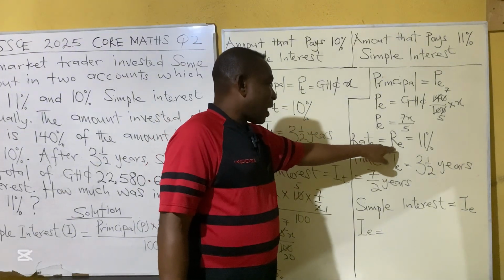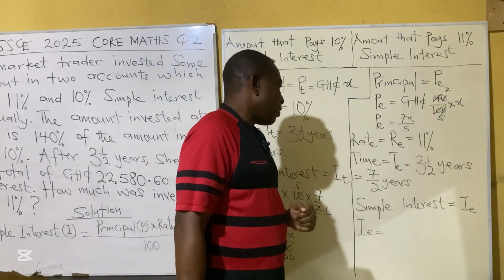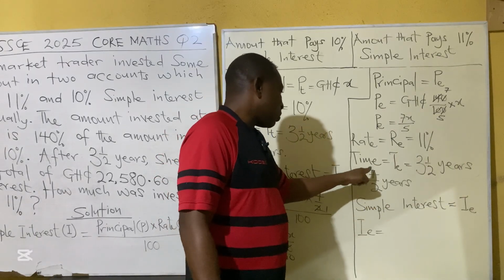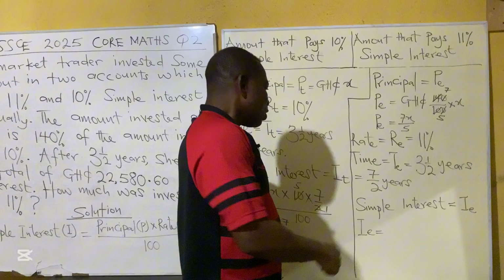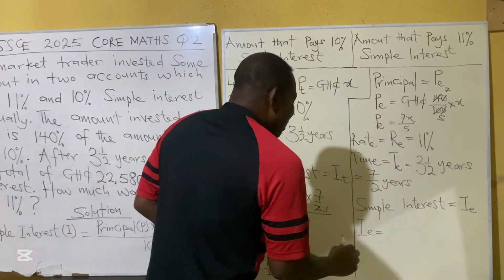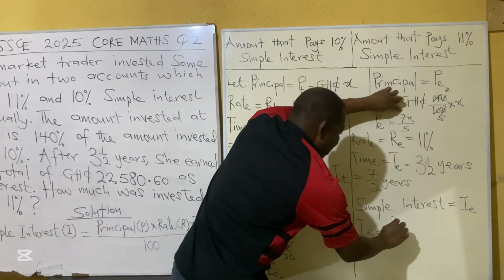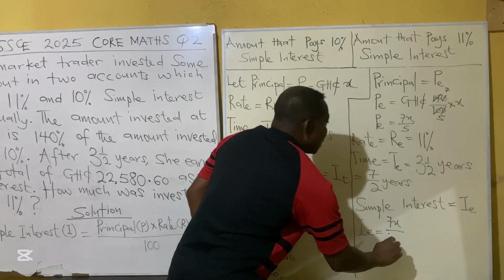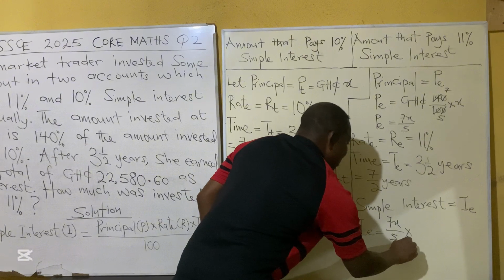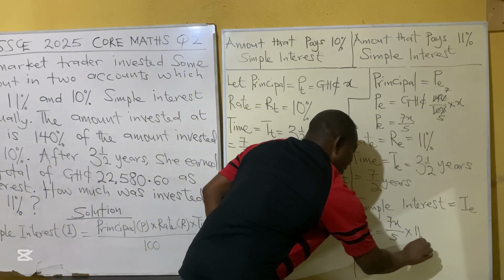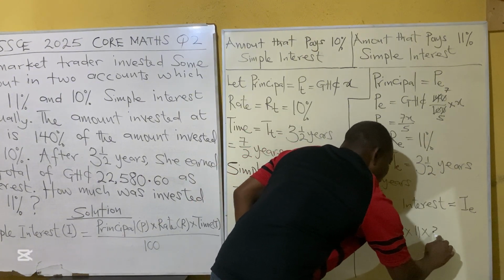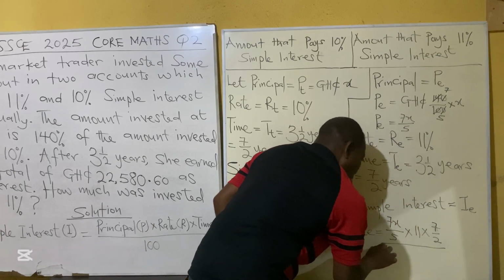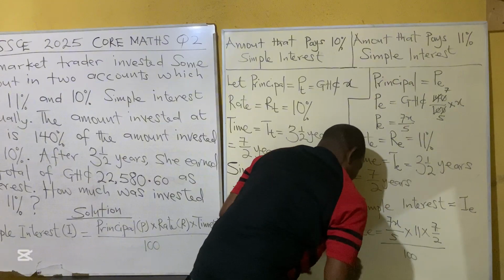The rate, RE, is equal to 11%. The time, TE, is also equal to 7 over 2 years. So the simple interest here is the principal, 7x over 5, times the rate, 11, times the time, 7 over 2, all over 100.